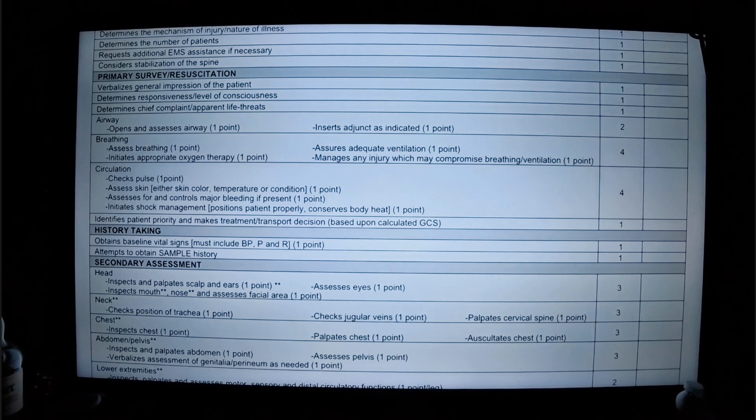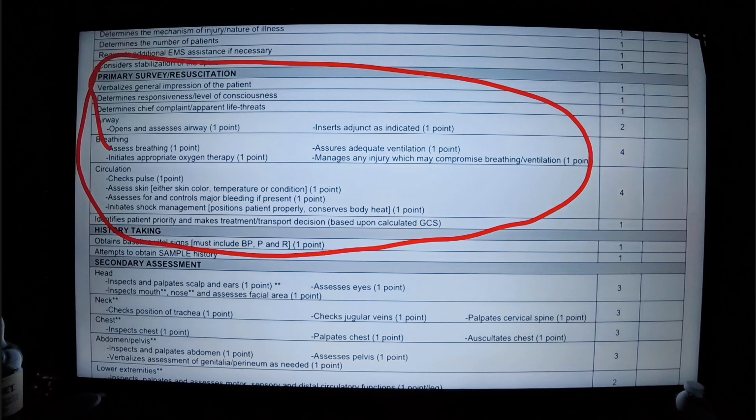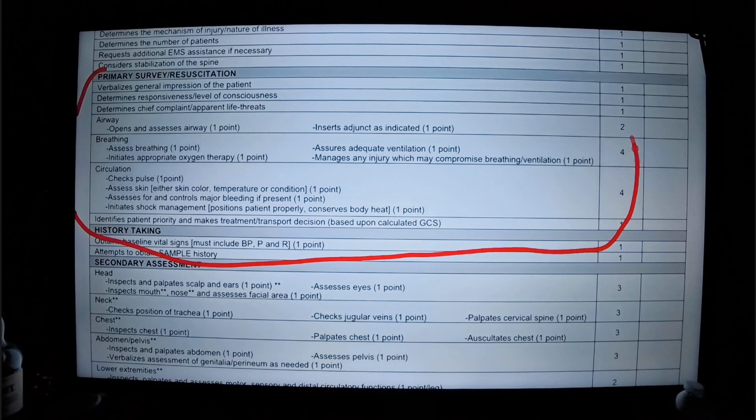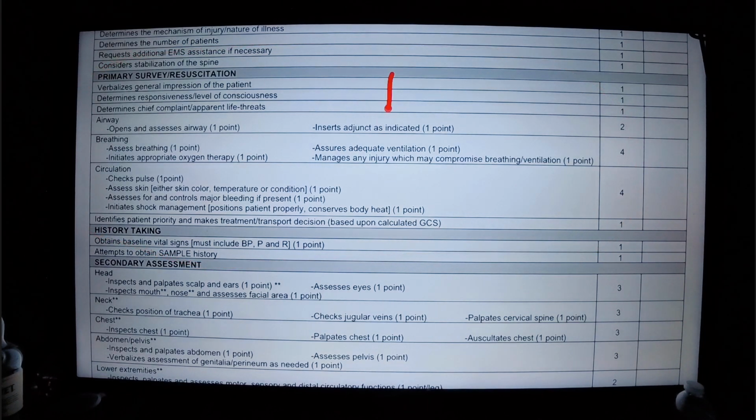According to a statistic that I'm about to quote, that I saw about 9 years ago from the NREMT website, and I haven't kept up with it since then, 90% of all emergencies can be taken care of just with primary assessment. All this right here. And this has to go in order, not only in the testing phase at school or the national test, but in real life too.